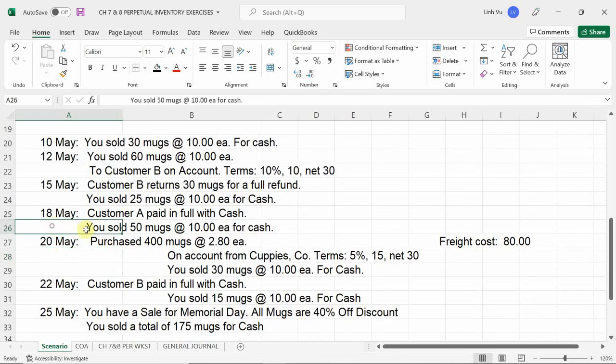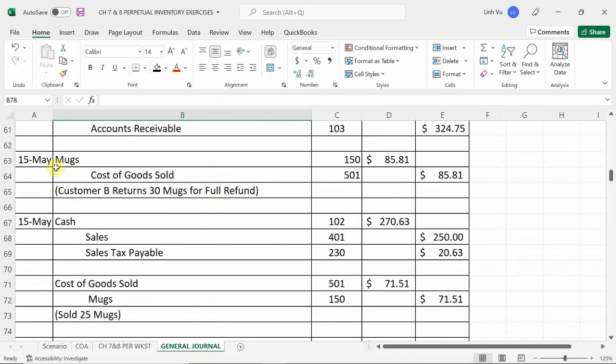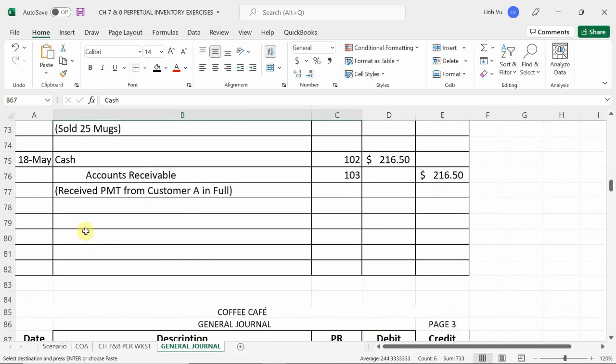Okay, so in this case, the last transaction on the 18th of May is we end up selling more inventory: we sold 50 more mugs at $10 each for cash. So in this case, this is another one that we have to separate our transactions for.